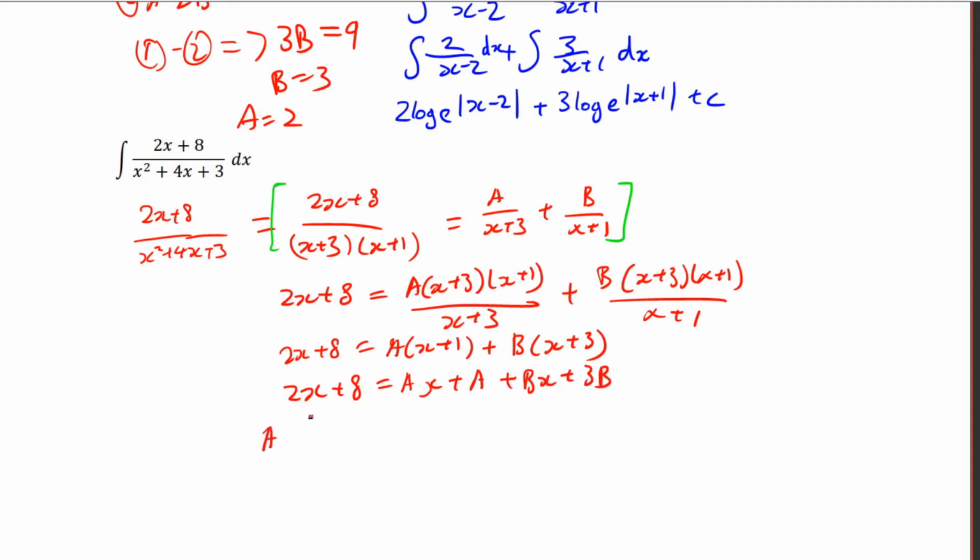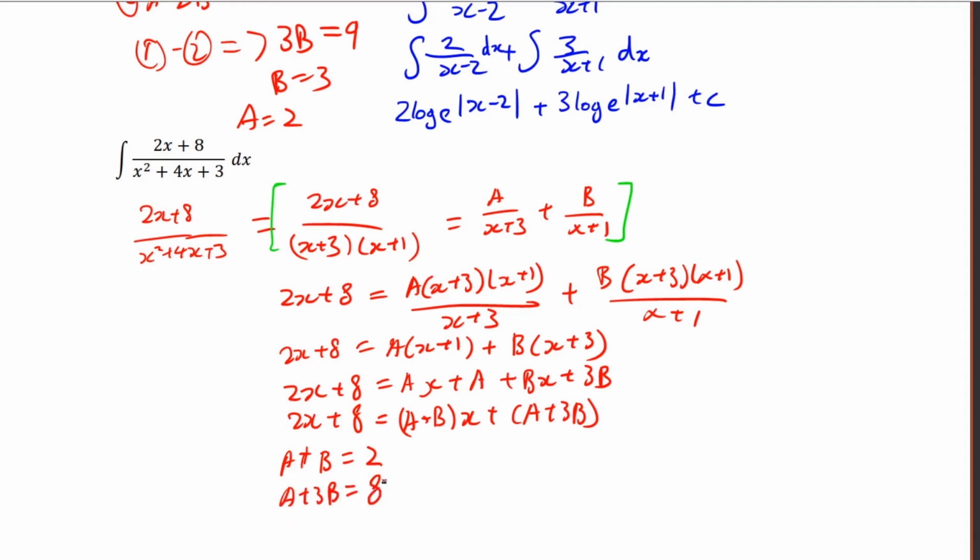I skipped a step there. I need to collect the terms: (A + B)x + (A + 3B). So A + B = 2 and A + 3B = 8.